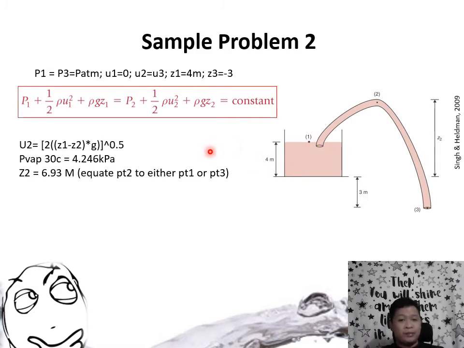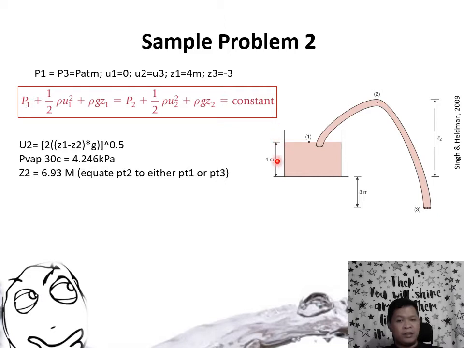Okay. So I put here the givens that we have. Point 1 and point 3 are both vented to the atmosphere, so the pressure term there is equal to the atmospheric pressure. Yung sa point 2 ay hindi, kasi iba yan dahil puno ng fluid yan. Okay.